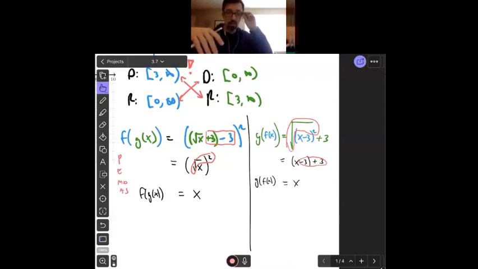You can't just do one, because there are some functions, not a whole bunch, but some, where I could plug g into f and it would go down to x, but when I do it the other way, it doesn't. So you do have to do it both ways in order to prove that those are inverses of each other. Again, not something you guys really have to worry about.